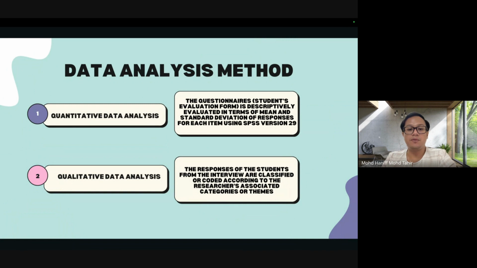For the quantitative data analysis, the questionnaire in the form of the students' evaluation form was descriptively evaluated in terms of the mean and standard deviation of responses for each item, and SPSS version 29 was used to analyze the data. For the qualitative data analysis, the responses of the students from the interview are classified or coded according to the researcher's associated categories or themes using NVivo.